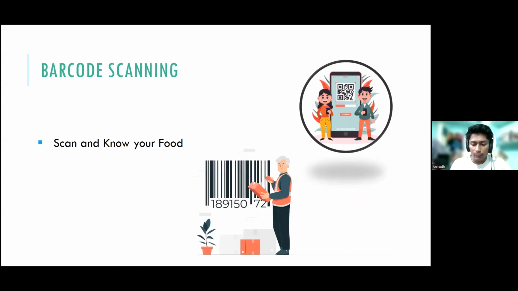Using multiple inputs from the user is a very hectic process, so the user also mentioned a requirement about barcode scanning. He can scan the barcode of any product, then he can access the nutritional information which is stored globally.